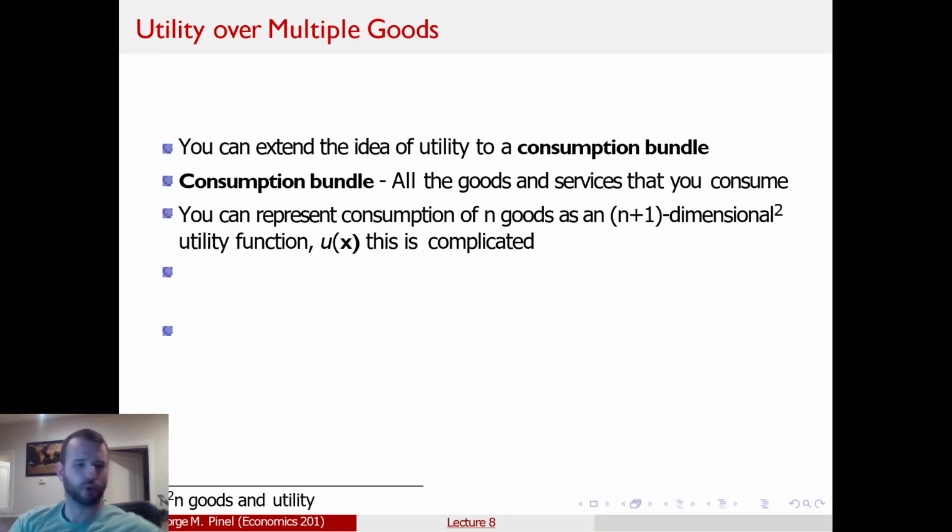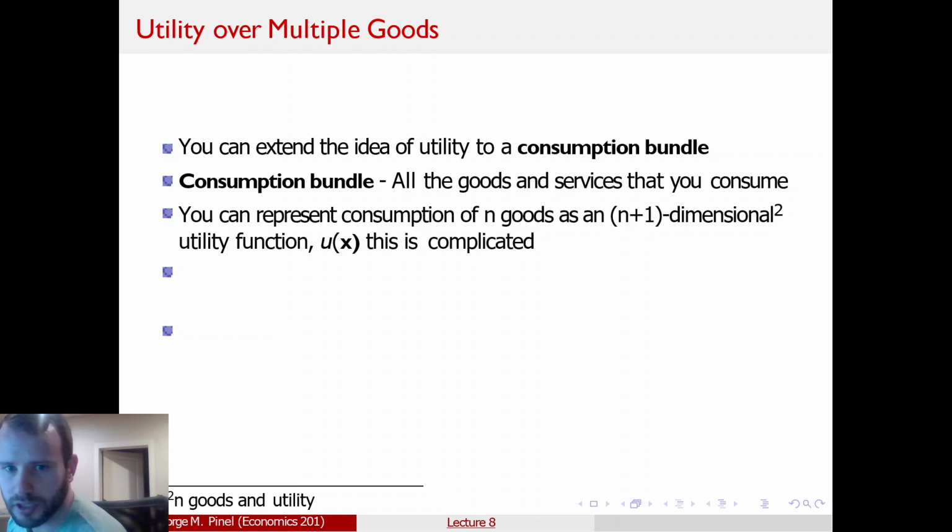So what does any of this mean? This is all complicated, right? This is all just George's mumbo jumbo. So imagine you had one good x, and it gives you 5 utility. That's going to be a 2-dimensional function, right?